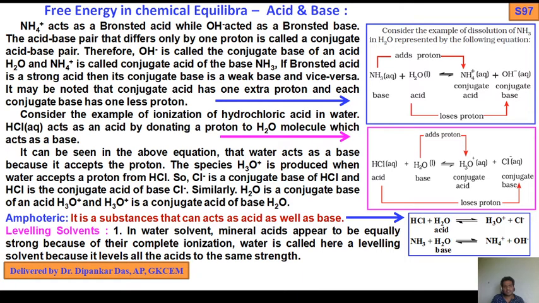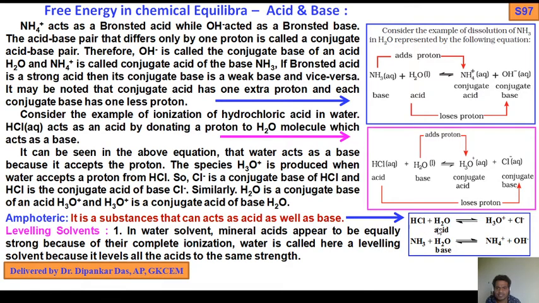Now, amphoteric. What is amphoteric? It is a substance that can act as an acid as well as a base. That is called amphoteric. Examples: HCl plus water gives H3O plus plus Cl minus. Similarly, NH3 plus water gives ammonium ions plus OH minus ions.